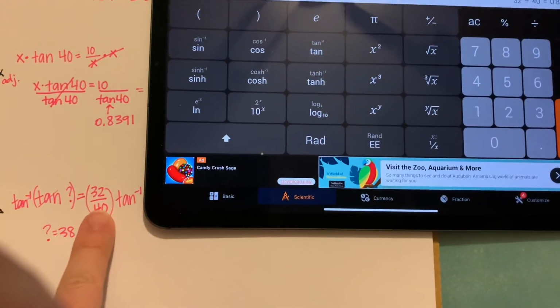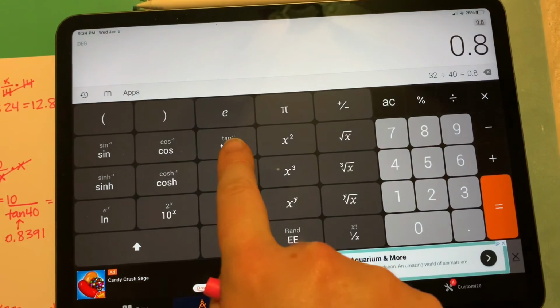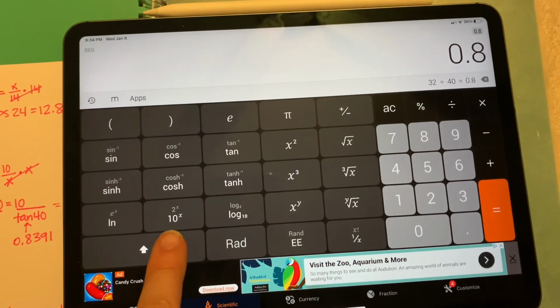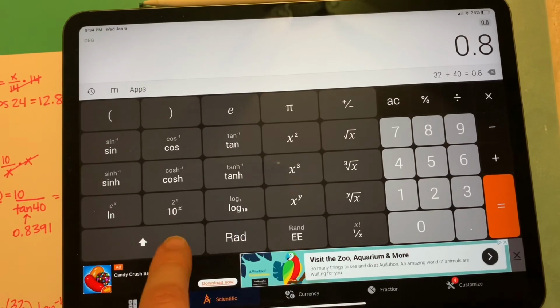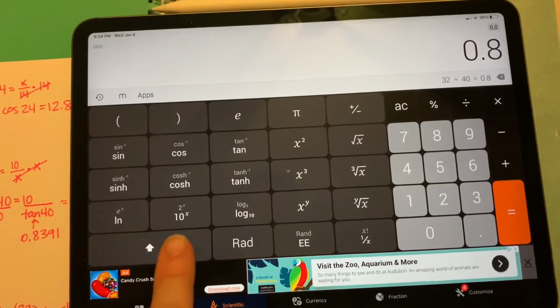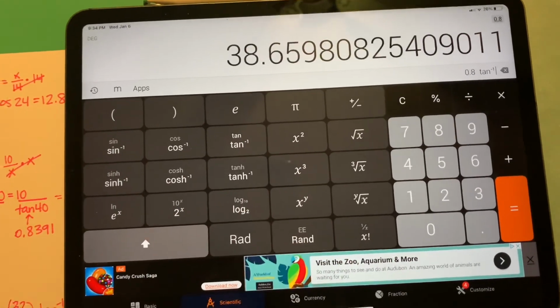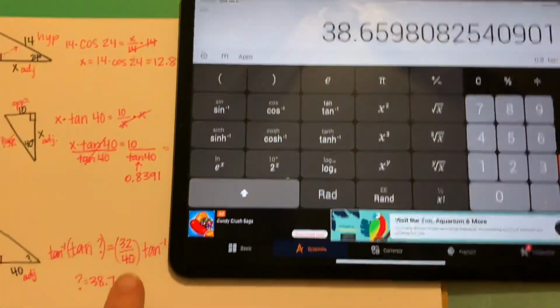So you're going to enter the fraction first and then do the inverse tan. I have that here, but for this one I have to shift it. I think on the iPhone, this is a little different because it's the iPad, but on the iPhone, there's a second button and it's like up here somewhere. Once you do that, that's your answer. So this is that 38.7 that I got before.